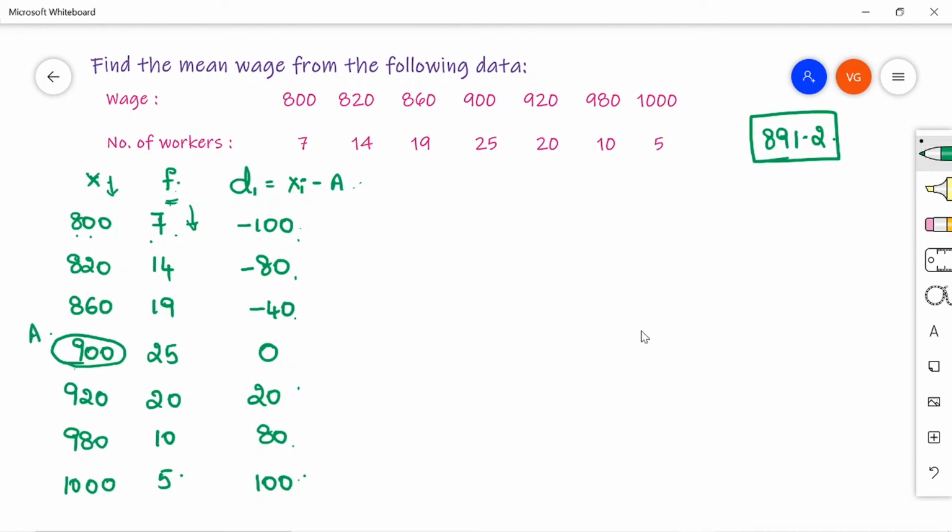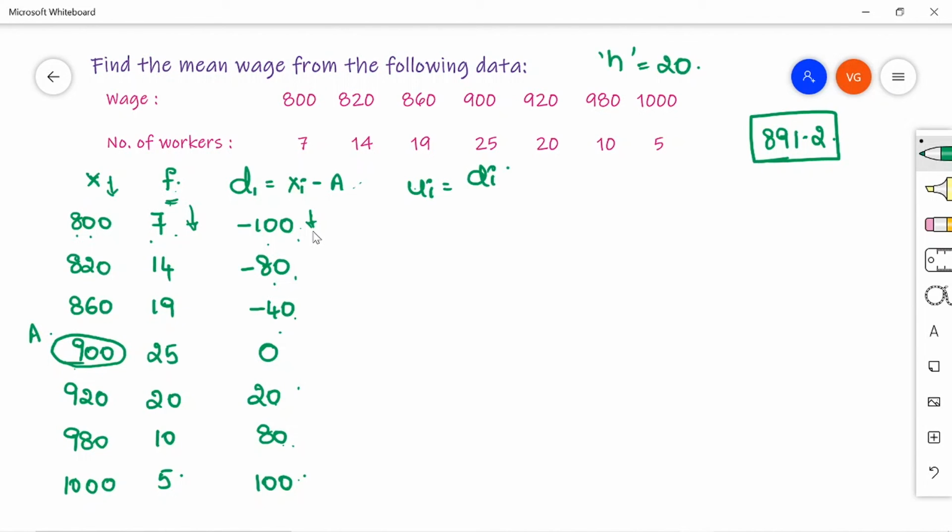Now let us do the same problem using the third method, that is the step deviation method. The first three columns are common, till the deviation d. Now I have to select the value of h, which is a common factor in this third column. The numbers here are 100, 80, 40, 20, 80 and 100. So I can take 10, or you can take 20 also as a common factor, so that my fourth column ui is nothing but di divided by h.